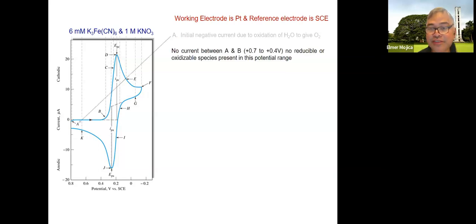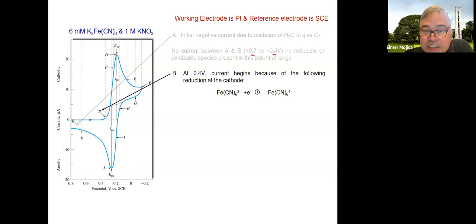And then as you increase the potential, you make it more negative. So there's no current between points A and B, that's between 0.7 and 0.4 volts. That means there's no reducible or oxidizable species present in this potential range. But at 0.4 volts, current begins because of the following reaction.